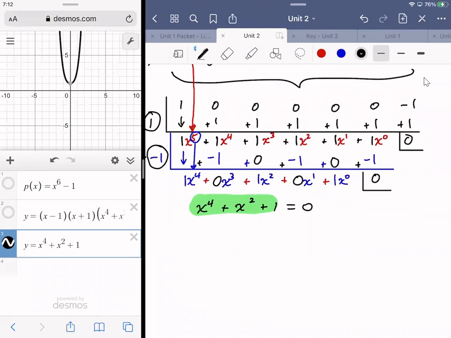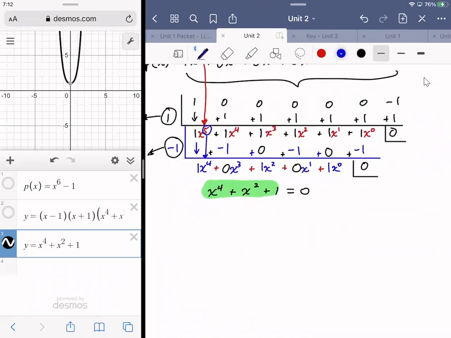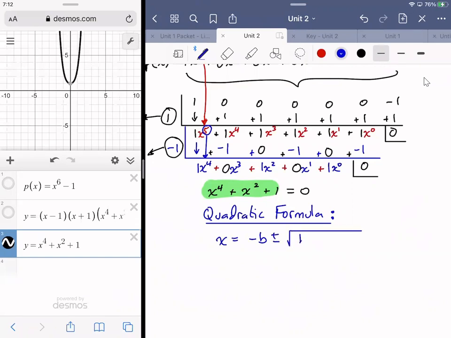So, quadratic formula: x is equal to negative b plus or minus the square root of b squared minus 4ac all over 2a.